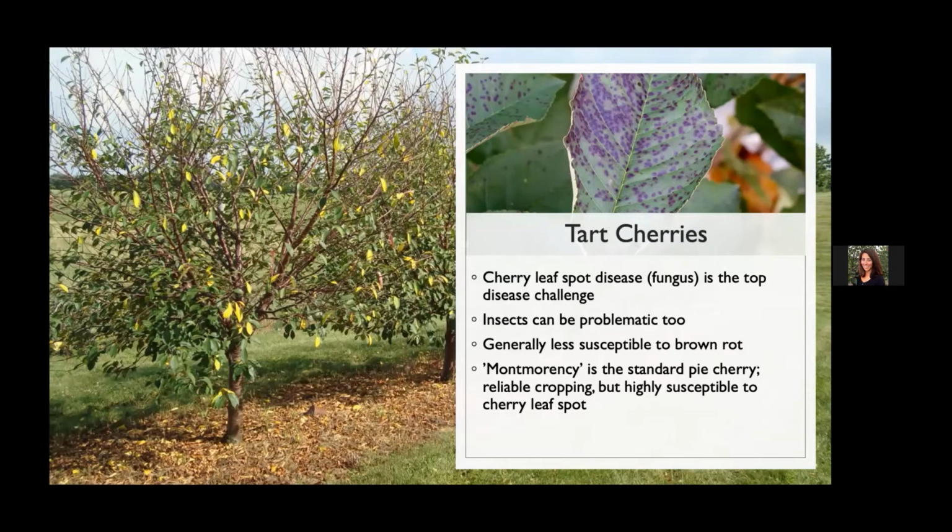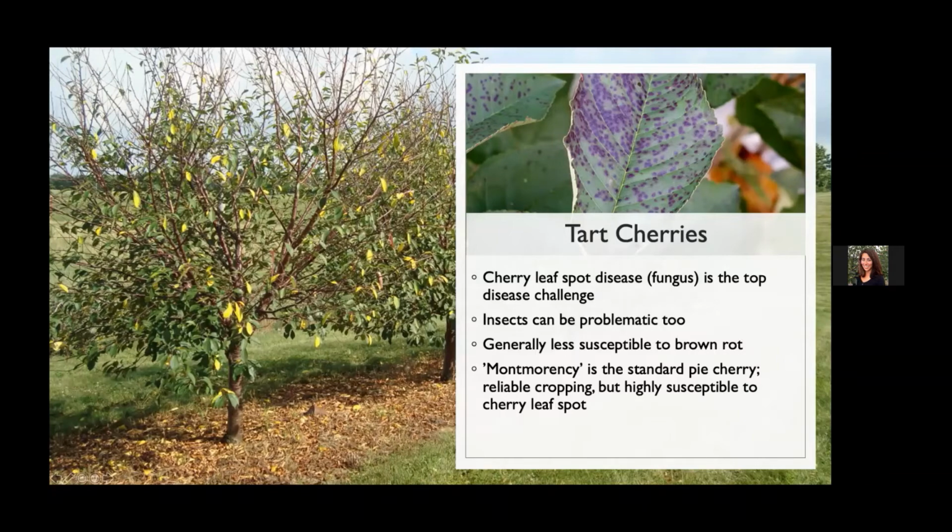So over time, the general health of that tree will decline and ultimately it can kill the tree. Tart cherries can also be very attractive to various insects, which I'll breeze over quickly, but the benefit is that they are generally less susceptible to brown rot compared to some of our other stone fruits.